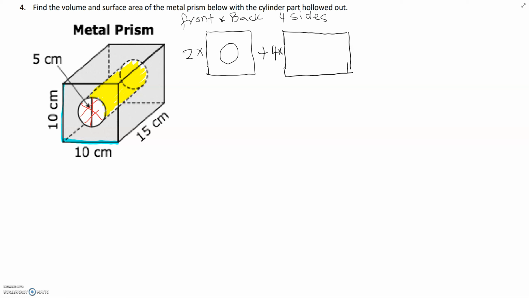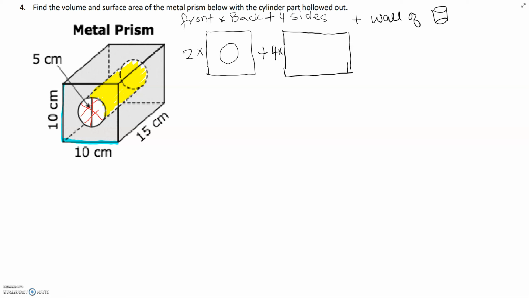So that would be the front and back, plus four sides, plus the wall of the cylinder that is being exposed inside.